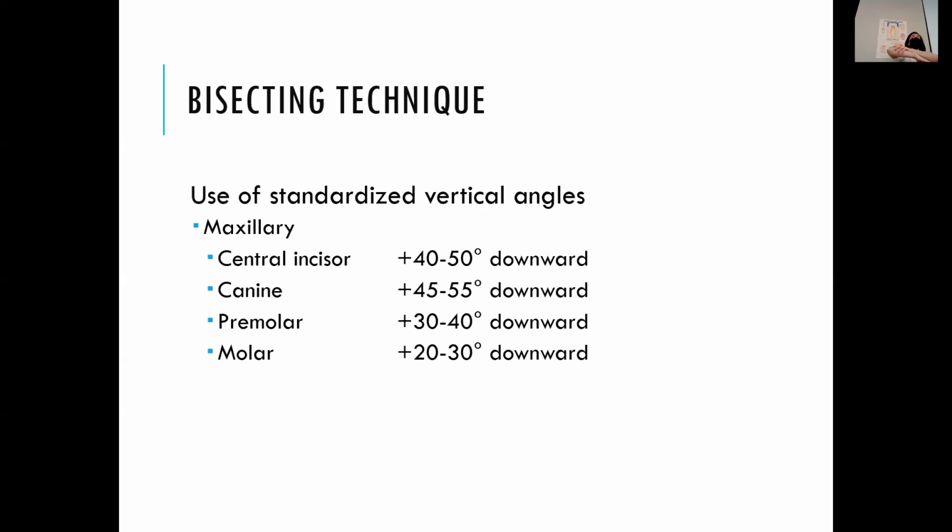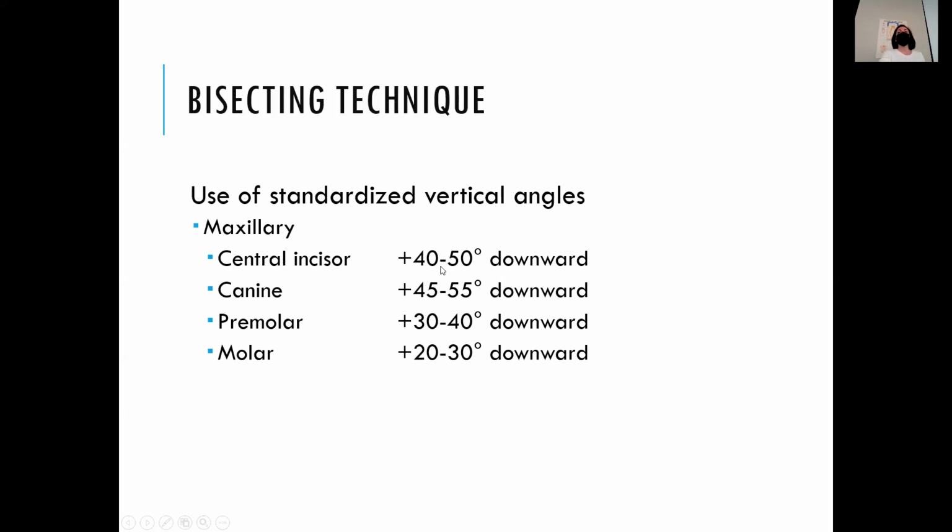But now you can see here, if you're taking a central incisor, and you do not have to memorize these degrees, these are not going to be on your exam. But you do want to have them handy for reference when we practice bisecting in lab. So you want to bring your book with you, or print it out or something.